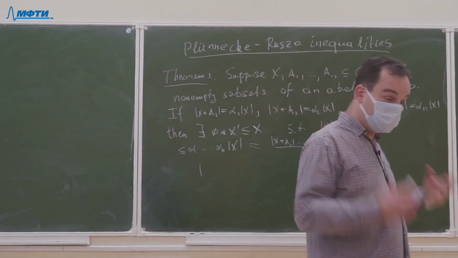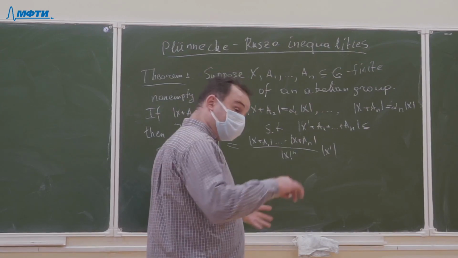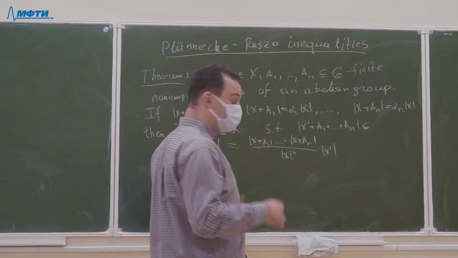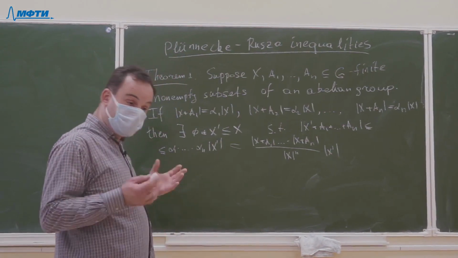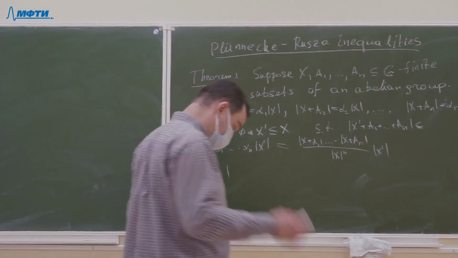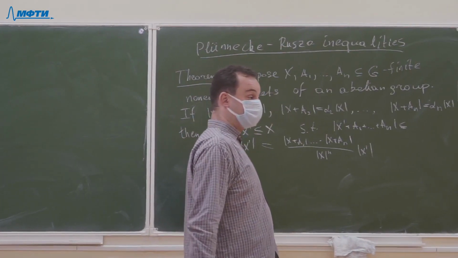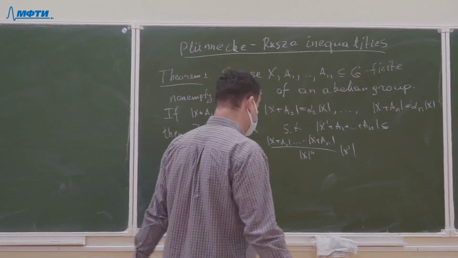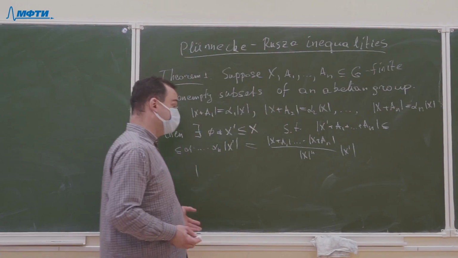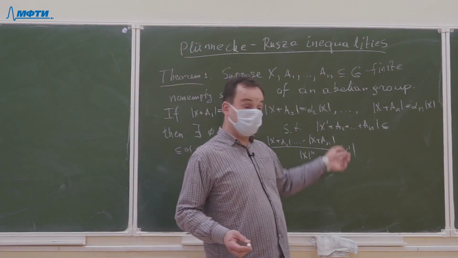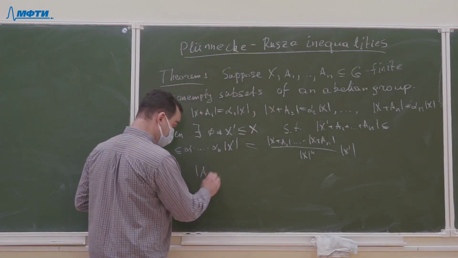We don't even know the size of X prime. We can't control its size. It's an unknown subset, and for applications it's bad. For most applications it can be used. So there are versions of Plunnecke-Rusza inequalities where this X prime is erased. How to erase this X prime?